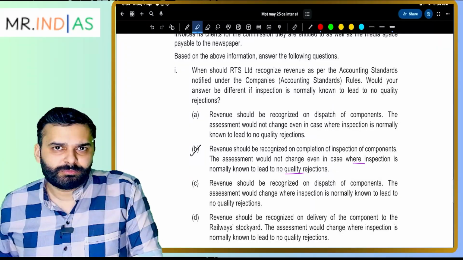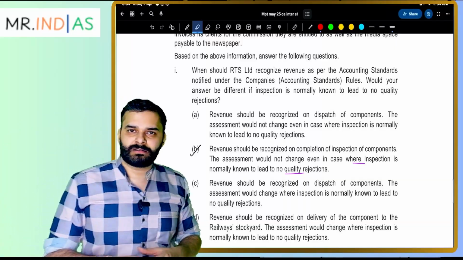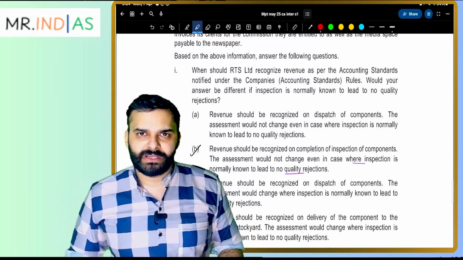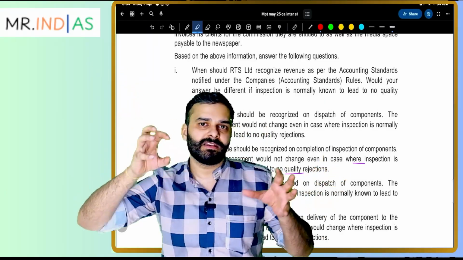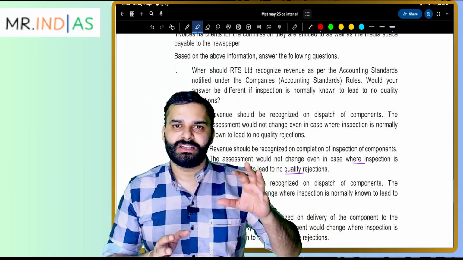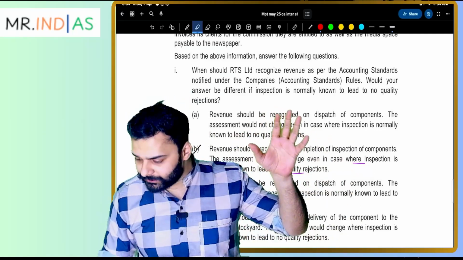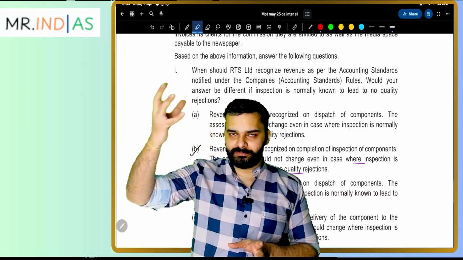Okay, so revenue should be booked when inspection is done, and it will not change our assessment of revenue, even if past practices say there is no defect in the goods manufactured. The quality that RTS Limited delivers is very well known to the railway authorities.